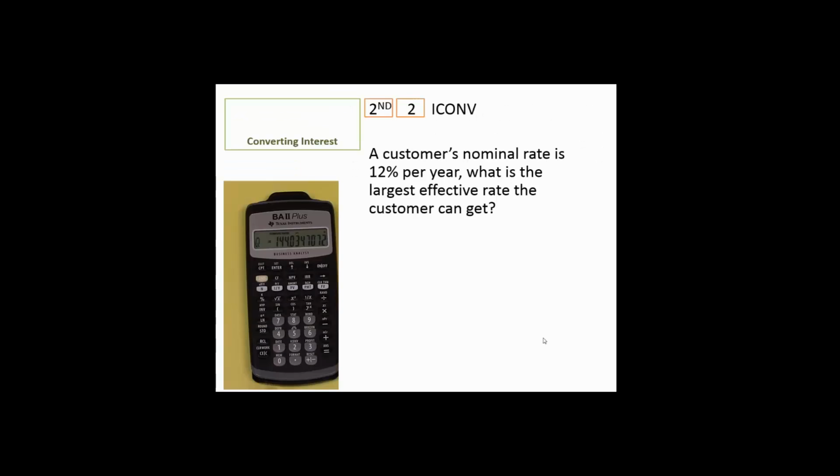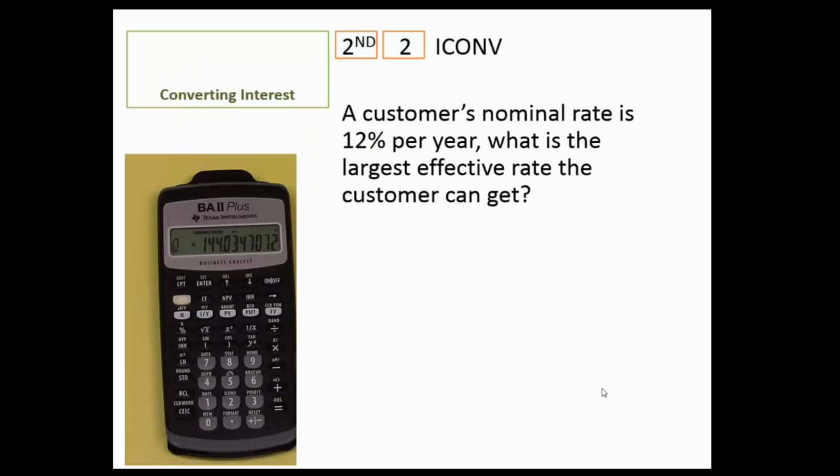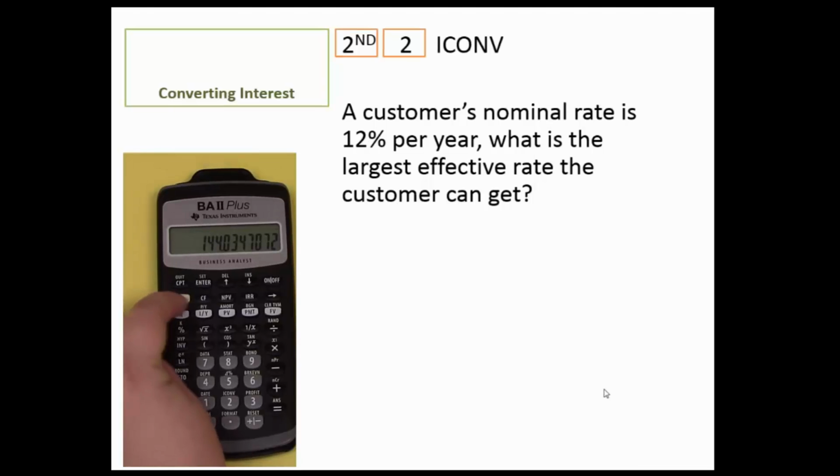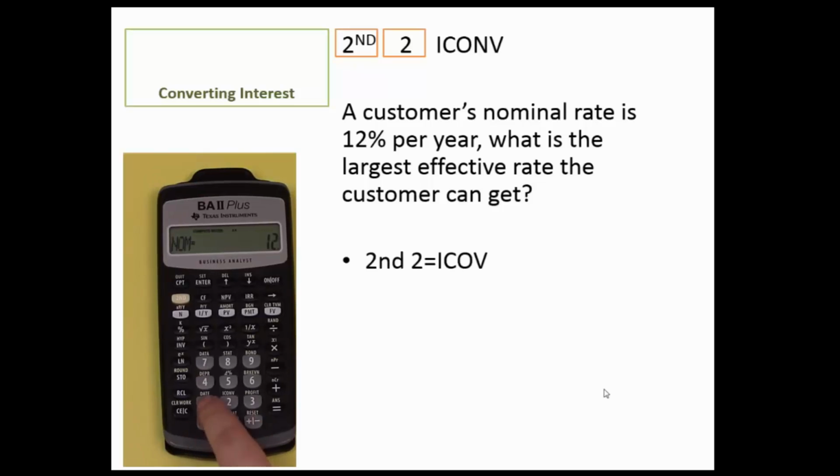Next, we will try converting interest. Using the example, a customer's nominal rate is 12% per year. What is the largest effective rate the customer can get? Press second and then 2 to begin the converting interest function. Next, enter the nominal rate, in this case 12%.